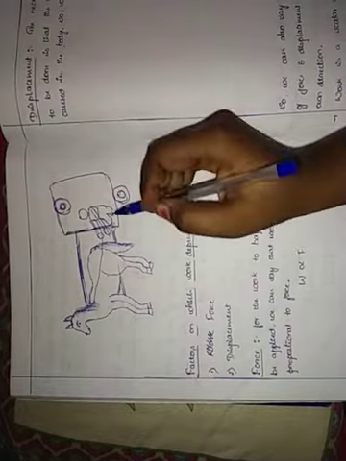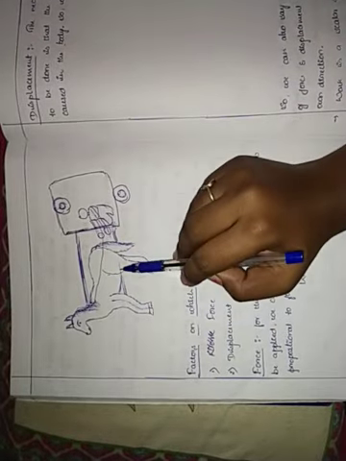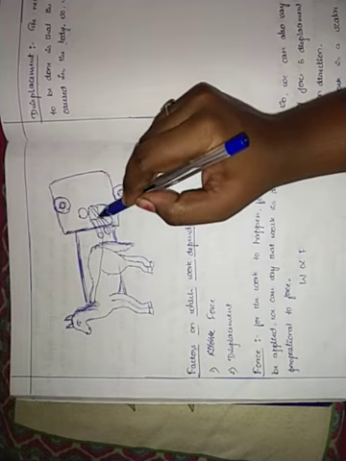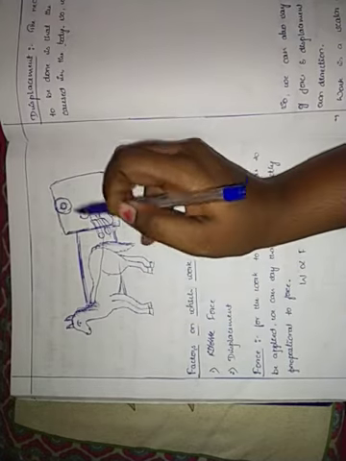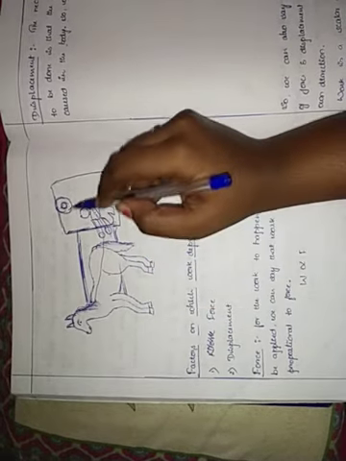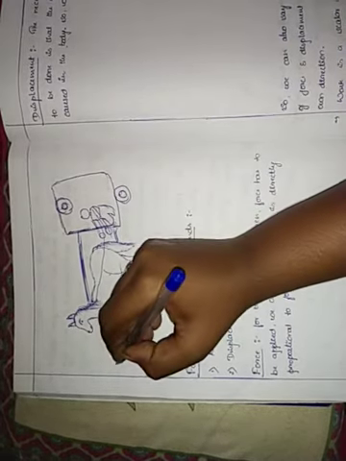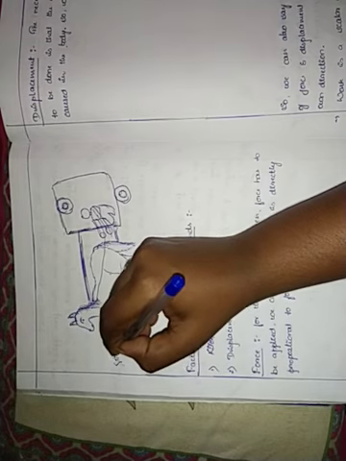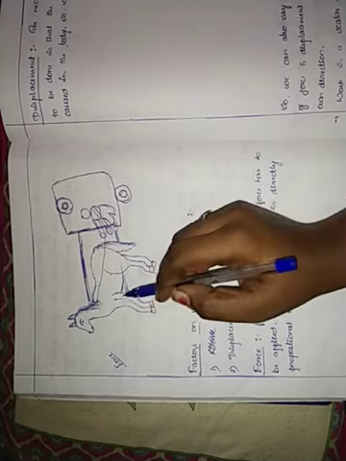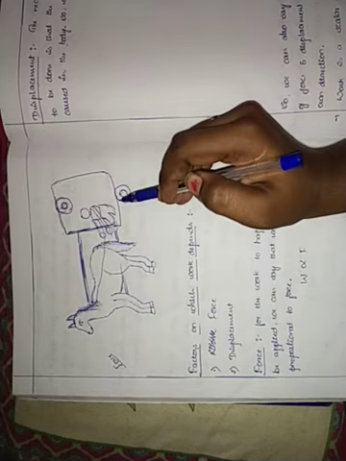With some examples I'm going to take here. I have chosen a horse, and here the cart is there and a person is riding the cart. In order to move this cart, what happens? The horse applies force, isn't it? The horse is applying force in order to move or pull the cart.